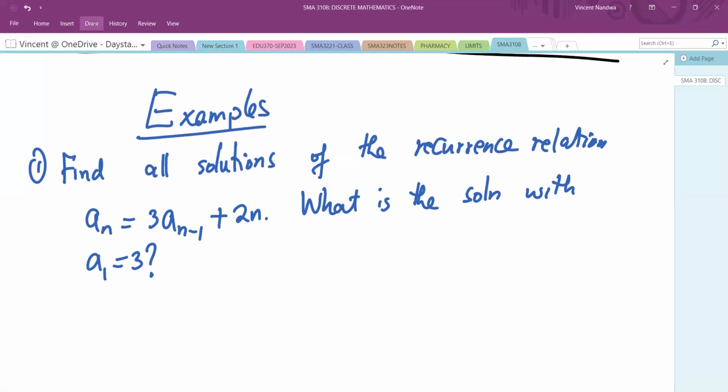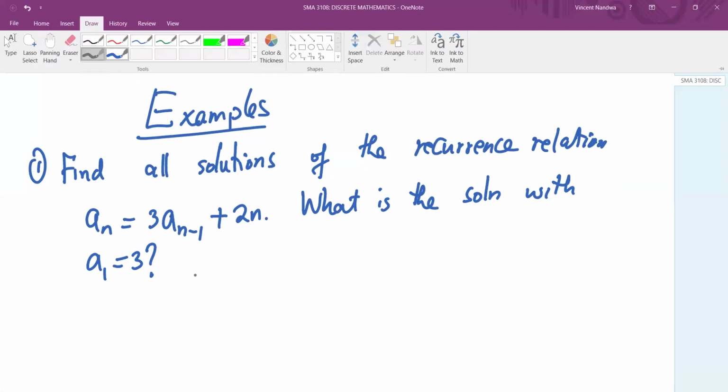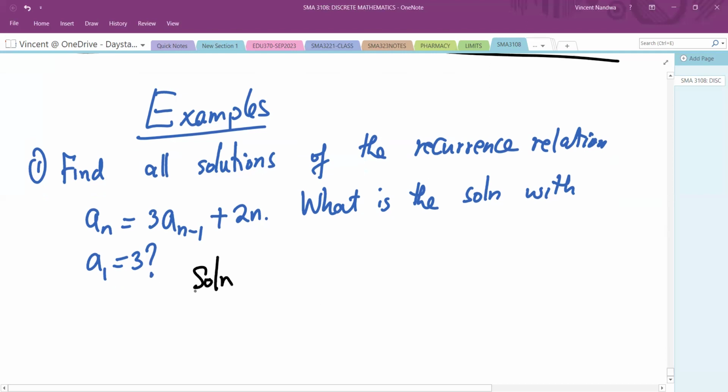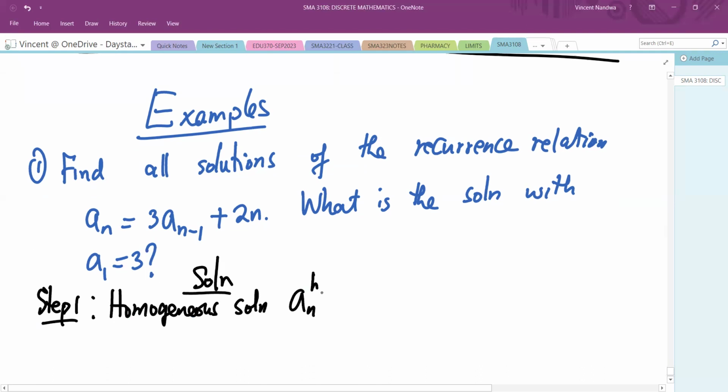So when you have a non-homogeneous difference equation, the first thing you need to find is the associated homogeneous solution. So step 1, homogeneous solution, an.